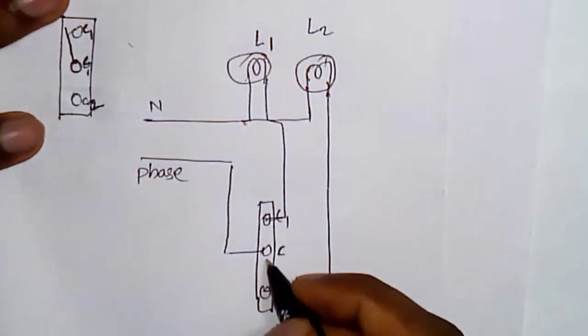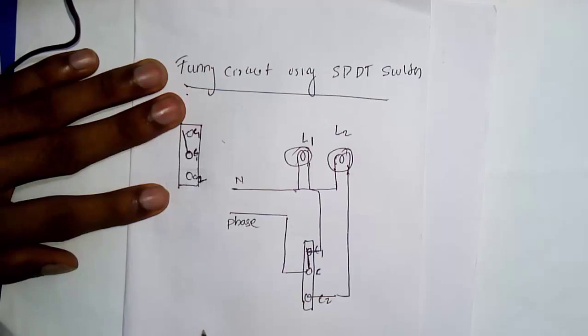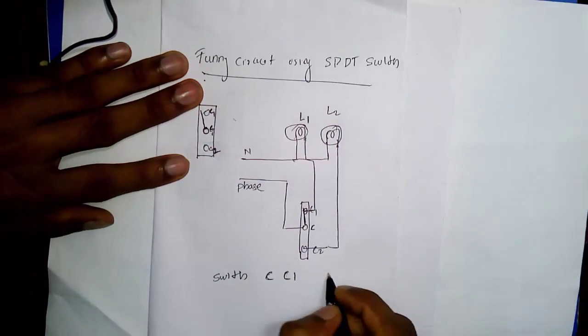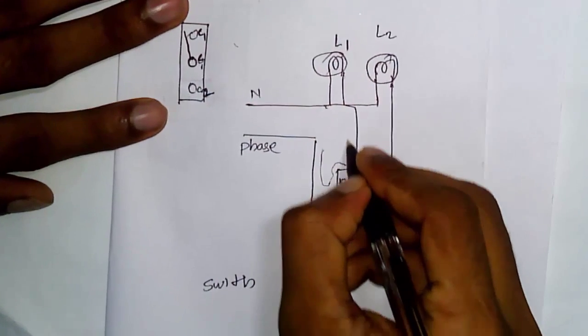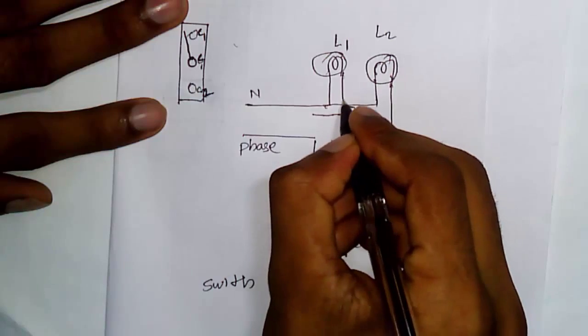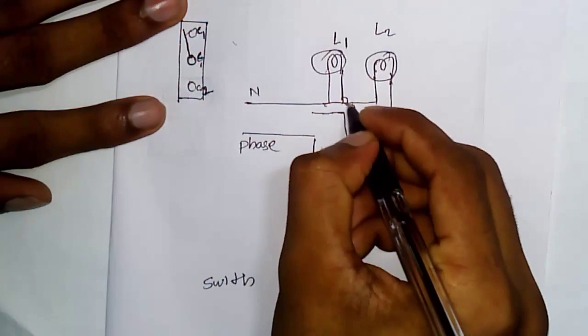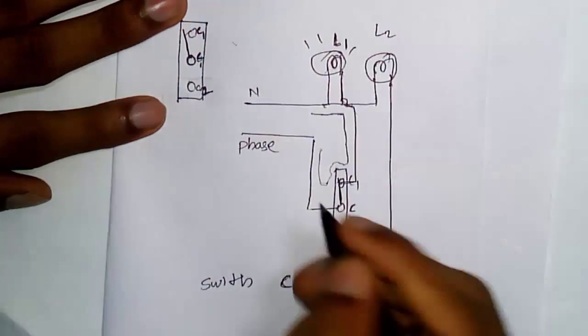Now the switch is at the C-C1 position, so the connection goes through C1, there is no connection at C2, and lamp 1 will glow.